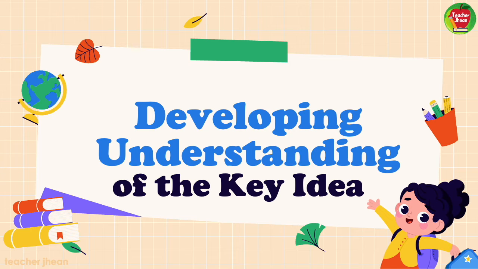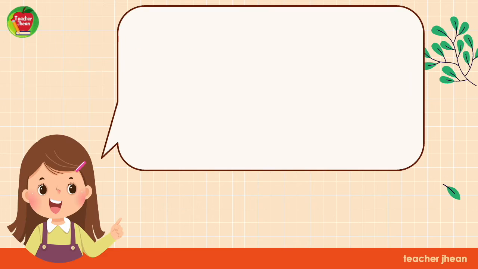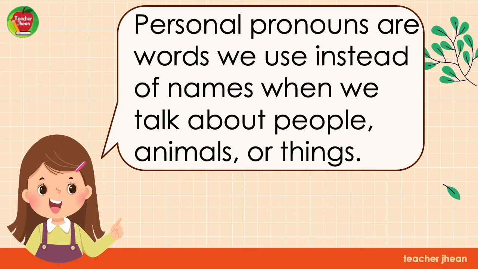Now let's have a developing understanding of the key idea. When using personal pronouns, it is important to choose the correct pronoun based on whether the subject is singular, referring to a person or thing, or plural, referring to more than one person or thing.